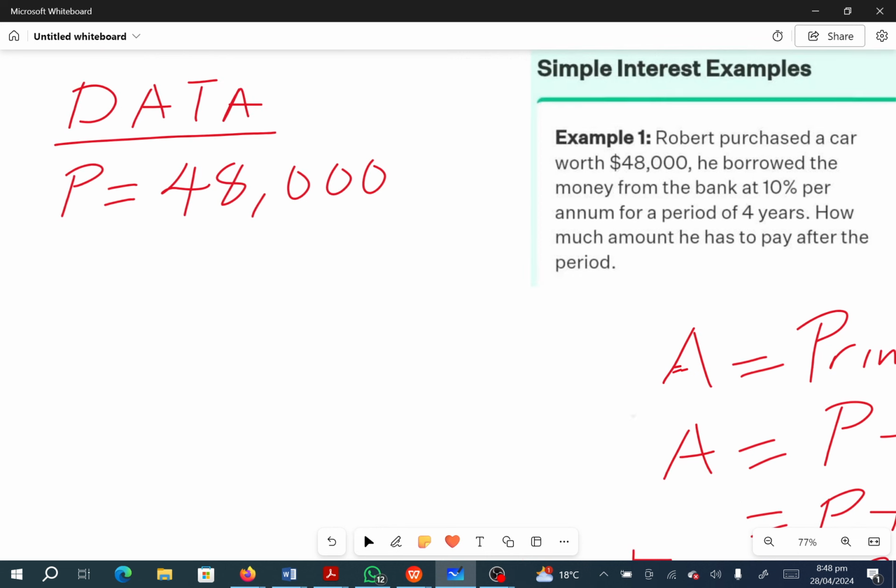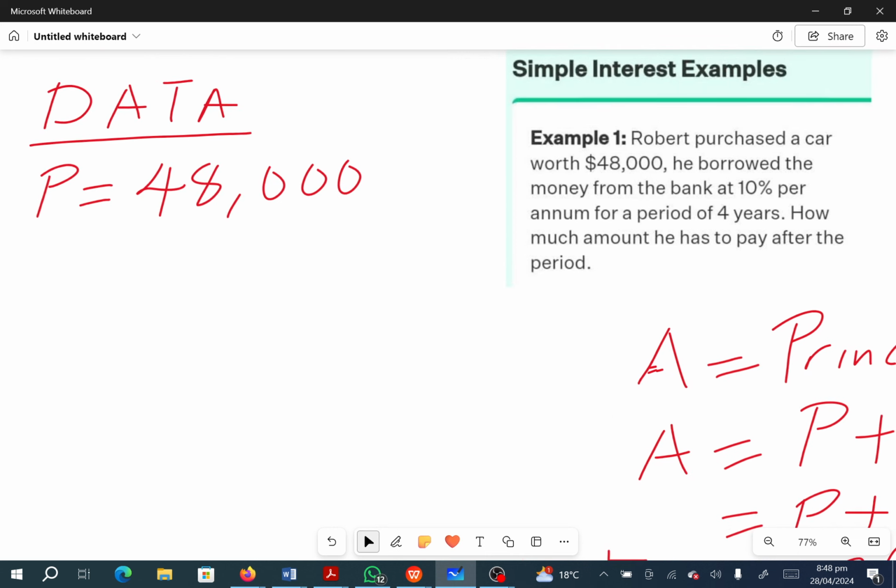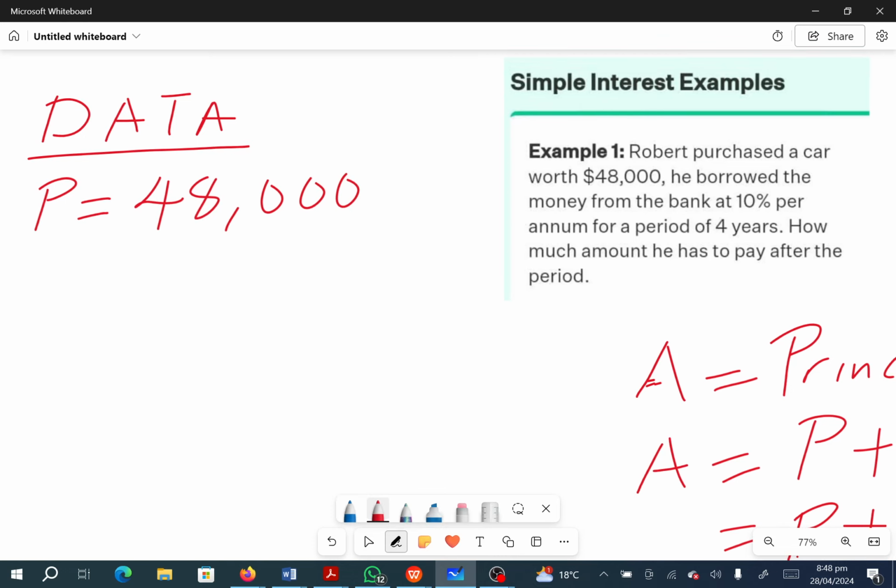Okay, so we are saying that our P, which is the principal amount for Robert, is 48,000. Then our rate, he borrowed the money from the bank at a rate, so our R, which is the rate, is 10%.